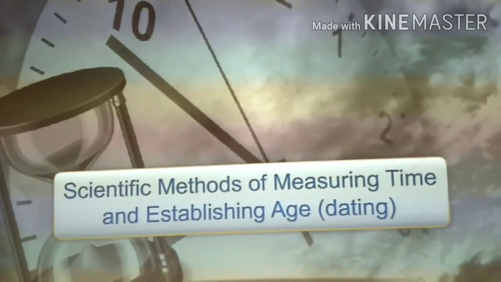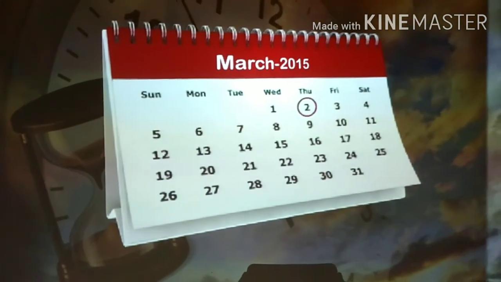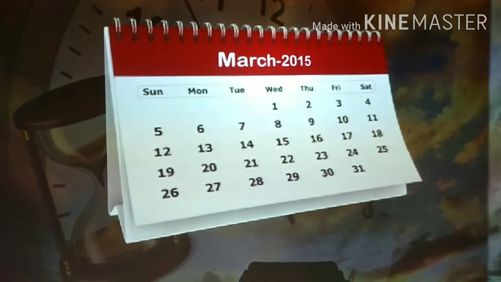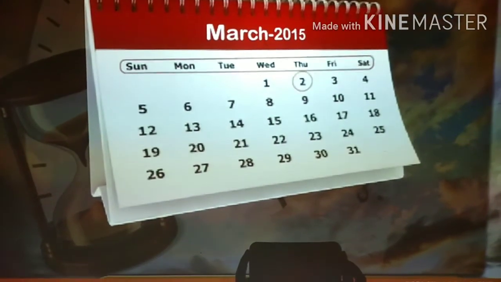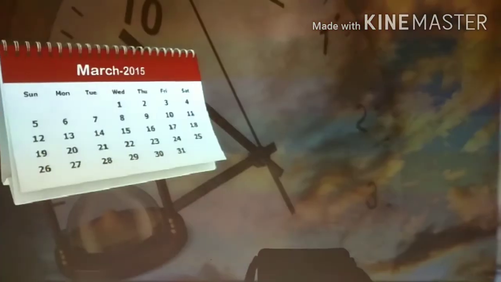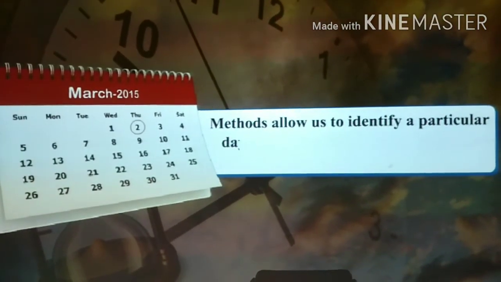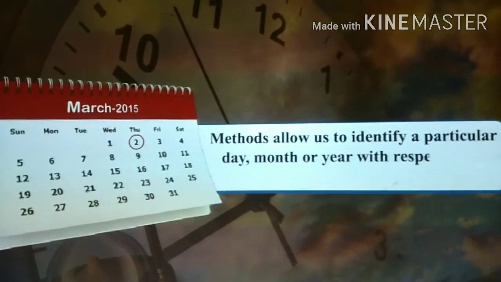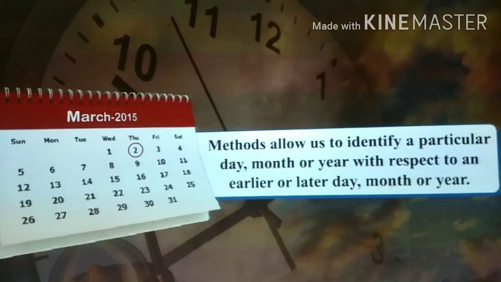Of measuring time and establishing age, dating. We are actually measuring time when we talk about today's date or a day of the week, etc. We have seen that there are various methods of measuring time. These methods allow us to identify a particular day, month or year with respect to an earlier or later day, month or year.